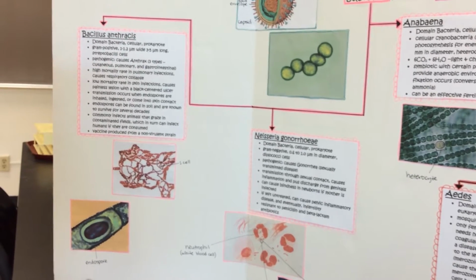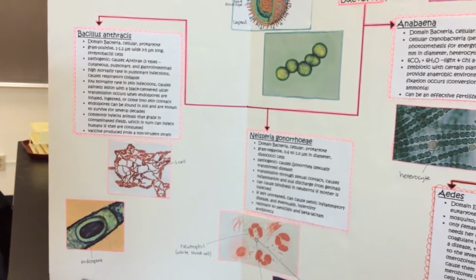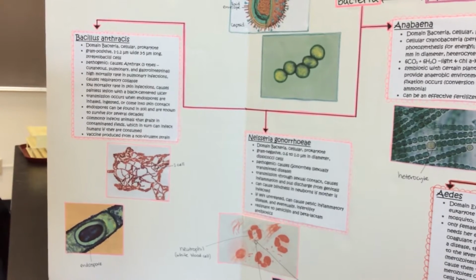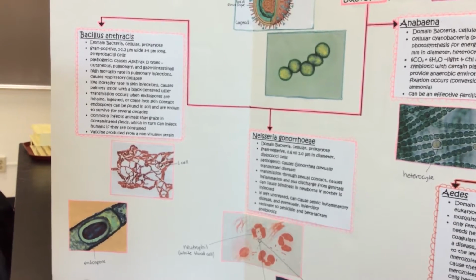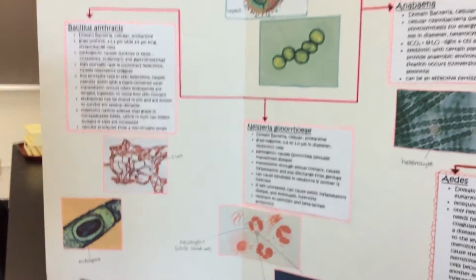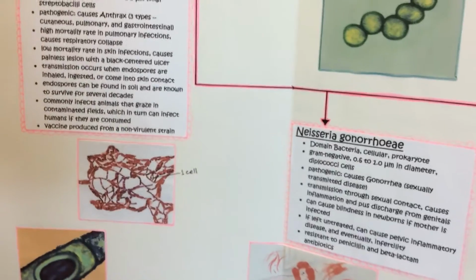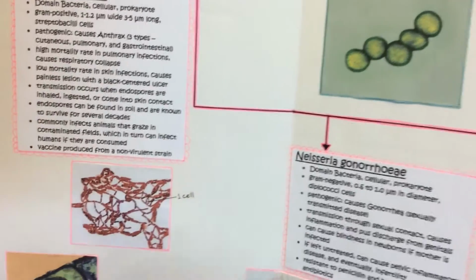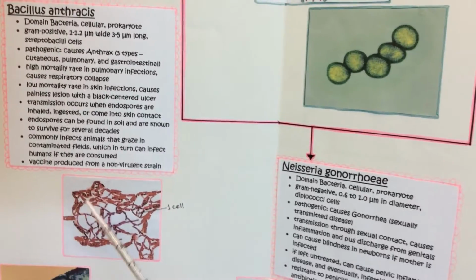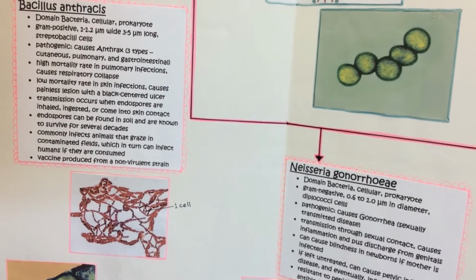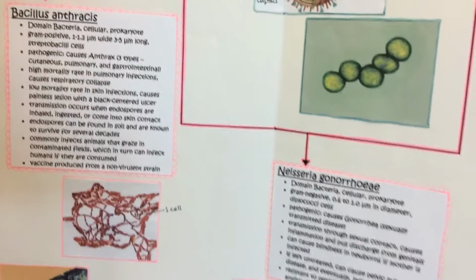If we were to ingest the anthrax endospores, maybe we're eating meat from an animal that's died of anthrax, then we can develop gastrointestinal anthrax. I know it's a little bit hard to see here, but this would be a stained light photomicrograph. And it's hard to see, but here the individual Bacillus anthracis cells, they look like little sausages.